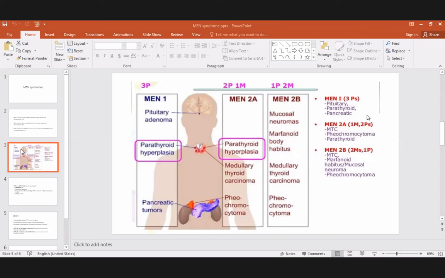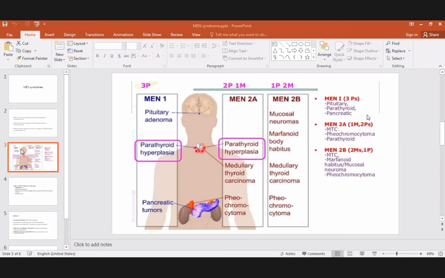What is Marfan syndrome? The patient is like, I can say, a giant. If the patient has Marfanoid body habitus, he is tall and has a heavy, strong, tall body, like the patients of Marfan syndrome, and they have mucosal neuromas.